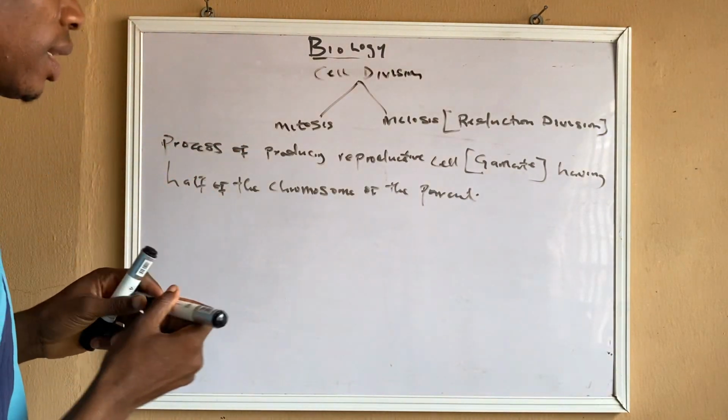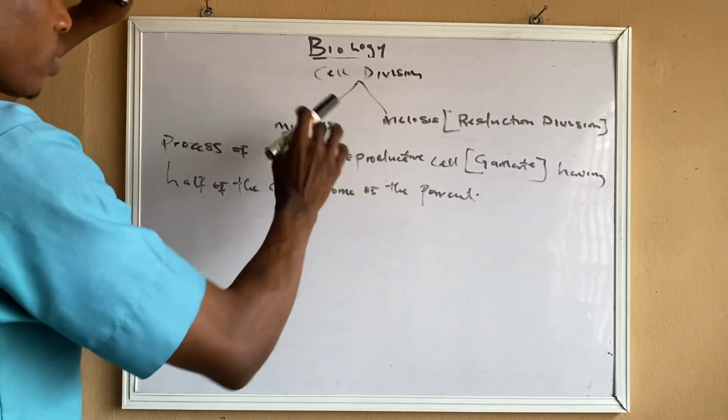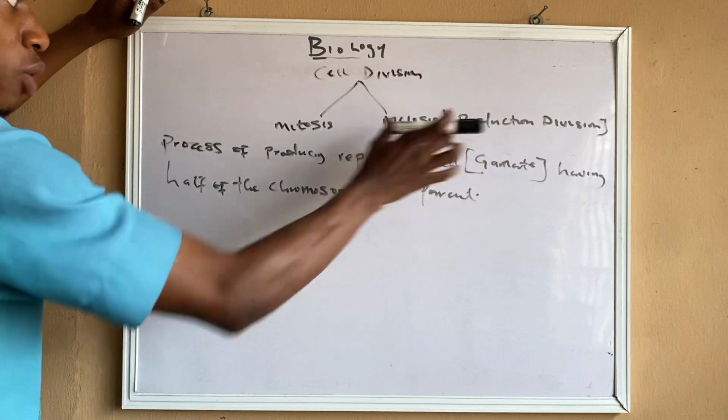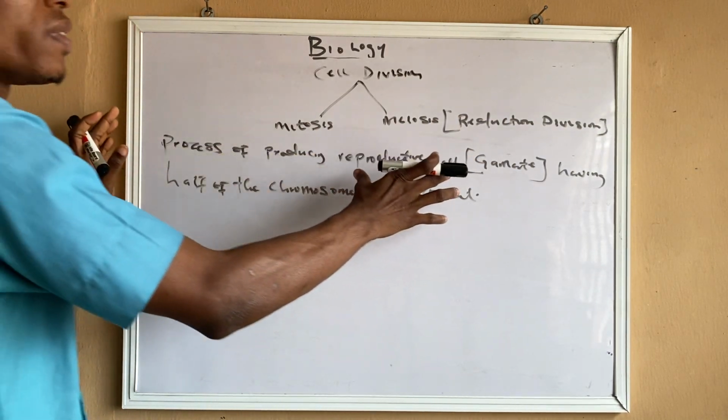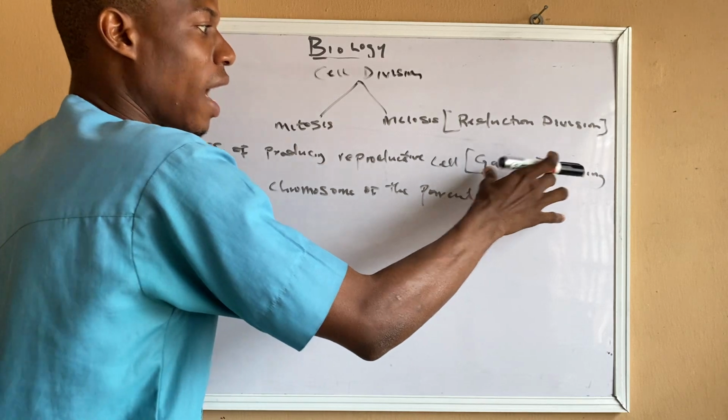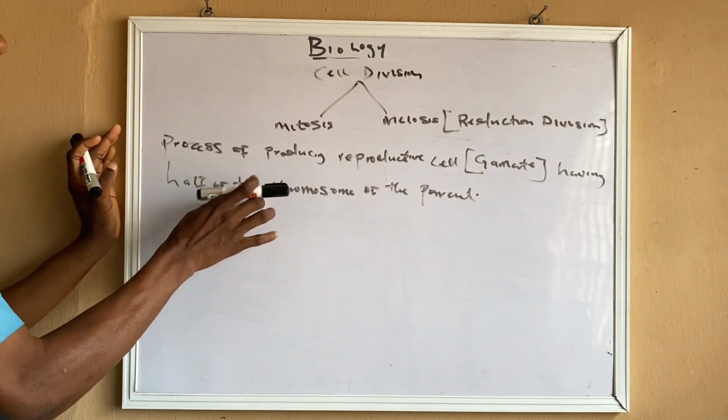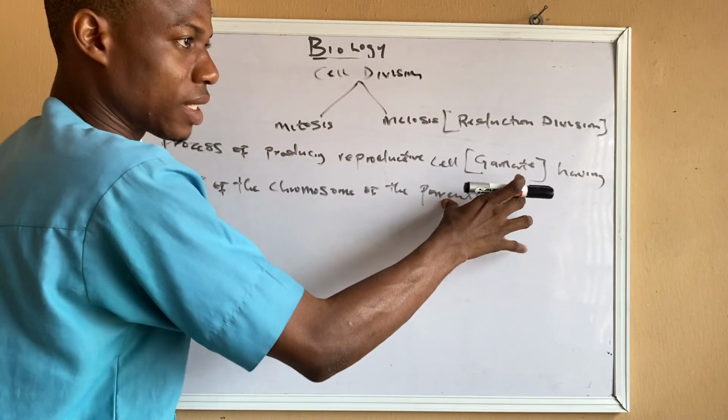Do you get it right? Yes. This is meiosis: the process of producing a reproductive cell, the gamete, having half of the number of chromosomes of the parents.